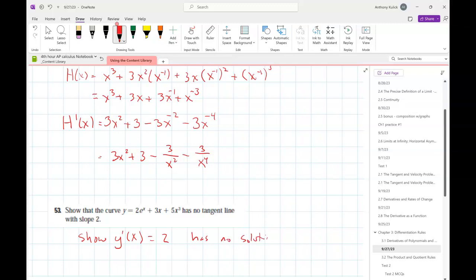That's what I want to say. There's no value of x in the derivative where the slope is 2. Katie, does that feel okay?